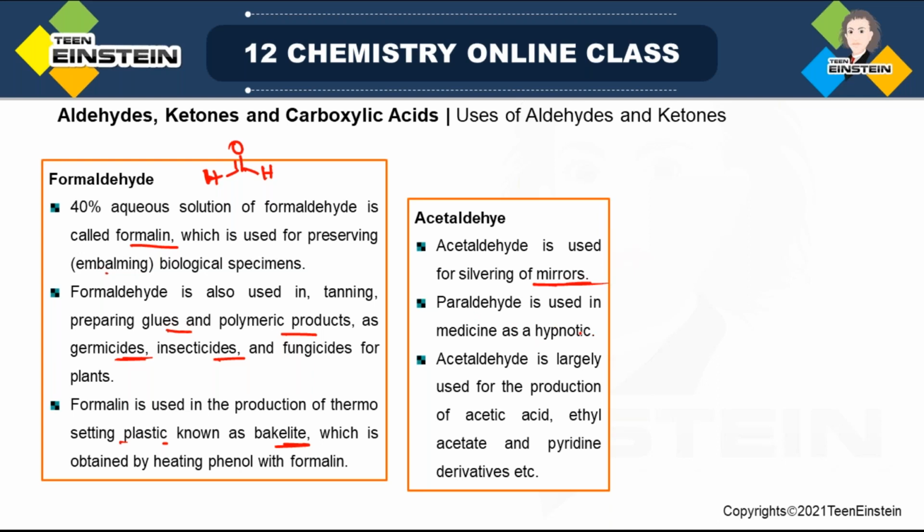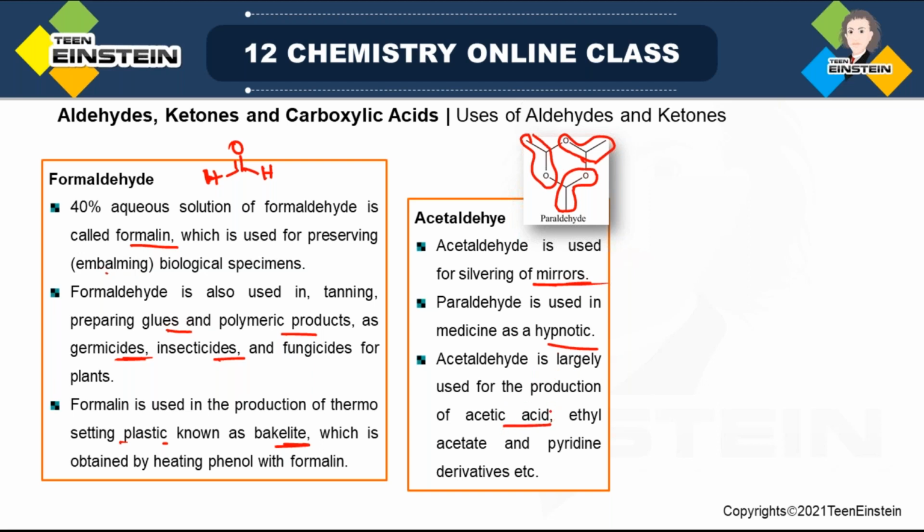Then paraldehyde is used in medicine as a hypnotic, that is, for sedative purposes. So this is the structure of paraldehyde. If you take 3 molecules of CH3CHO, then only you can get this. If you imagine this type of fragment, basically 3 CH3CHO fragments are there, right? So acetaldehyde is also largely used for the production of acetic acid, that is CH3COOH.